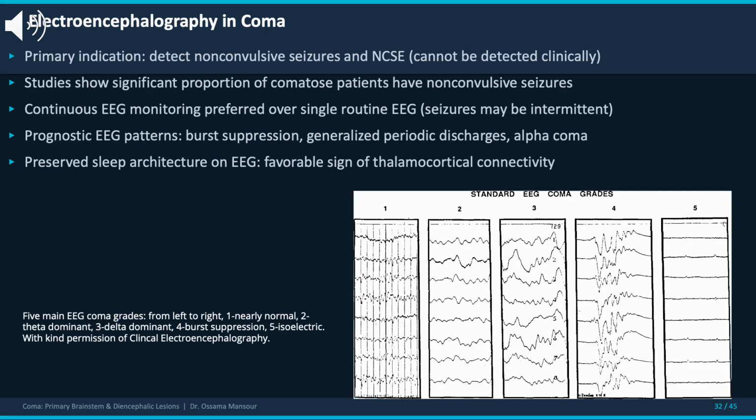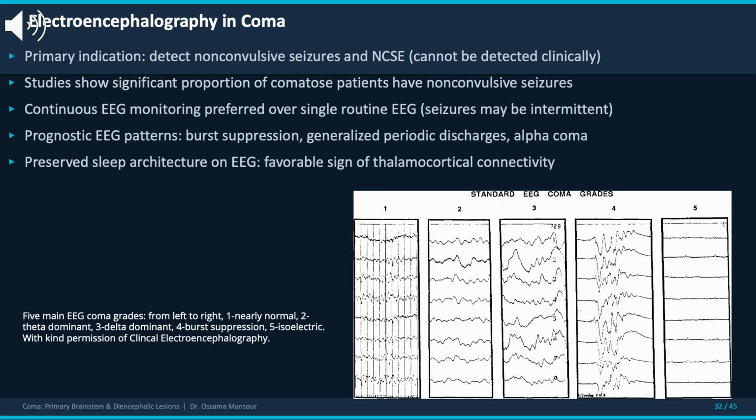Electroencephalography, or EEG, plays an increasingly important role in the evaluation and management of comatose patients. The primary indication for EEG in coma is to detect non-convulsive seizures and non-convulsive status epilepticus, which can be the cause of or a complication of coma and which cannot be detected by clinical examination alone.